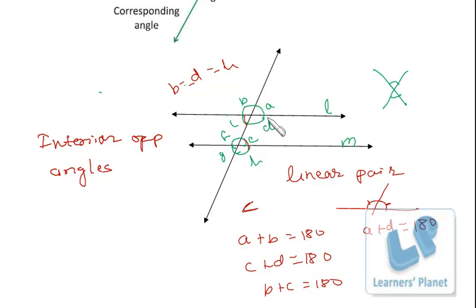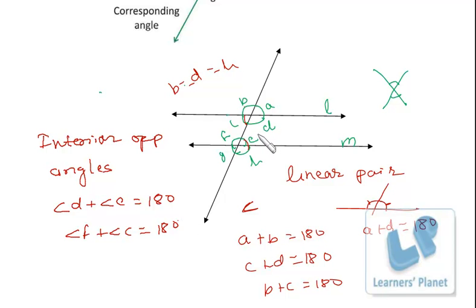One of them, angle D, is below this line and the other angle is above this line. So angle D plus angle E, they are opposite to each other, so their sum will be 180 degrees. Similarly, angle F plus angle C, the sum is 180 degrees, right? So the sum of interior opposite angles is 180 degrees.